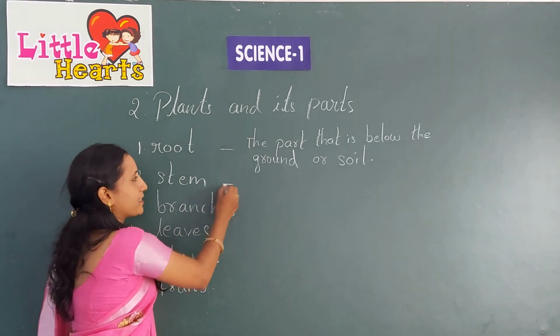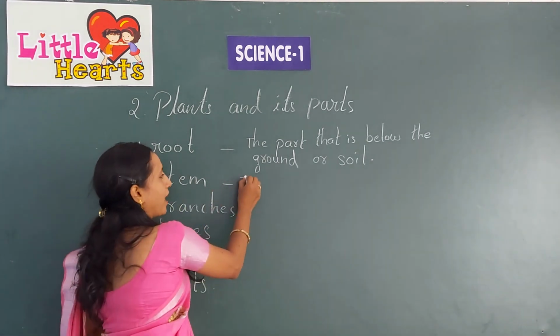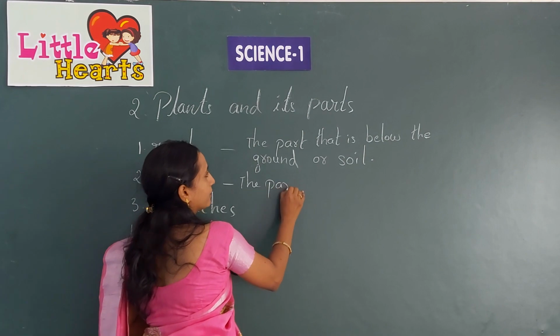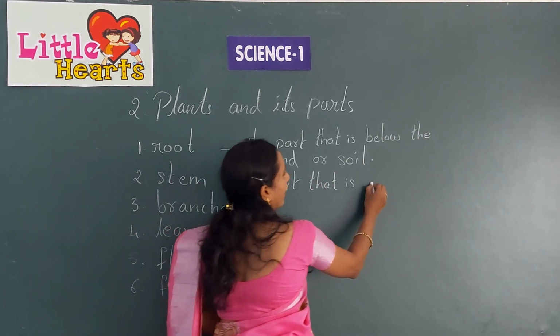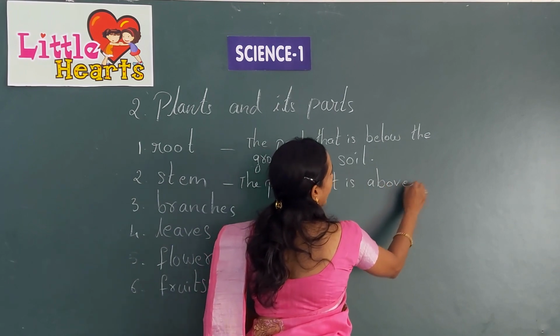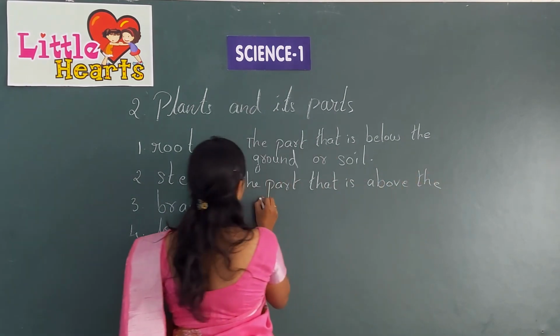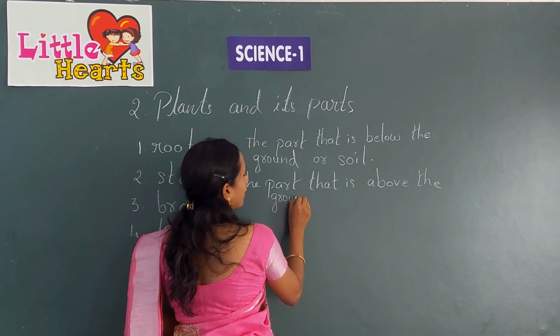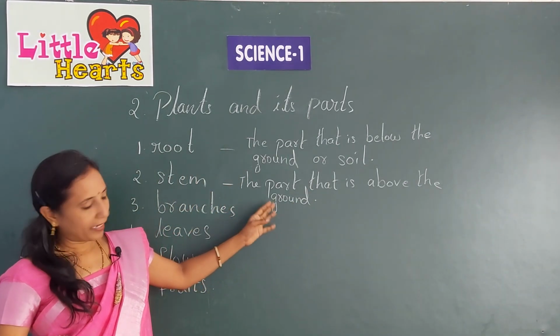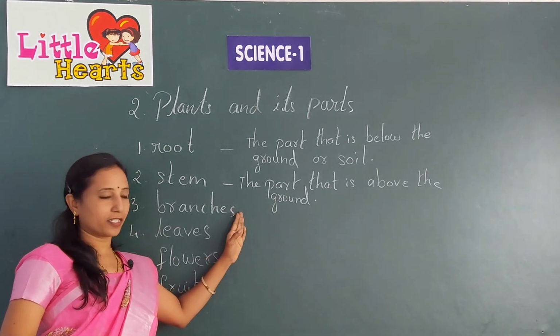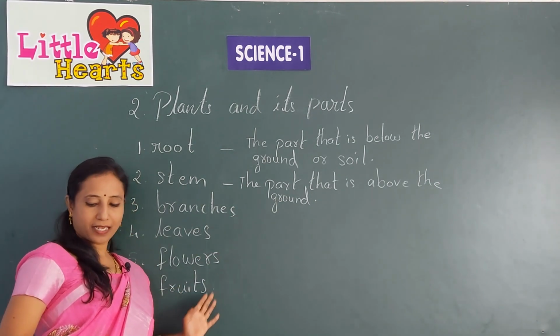The stem is the part that is above the ground, and it bears these branches, leaves, flowers and fruits.